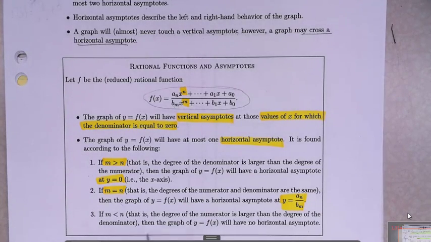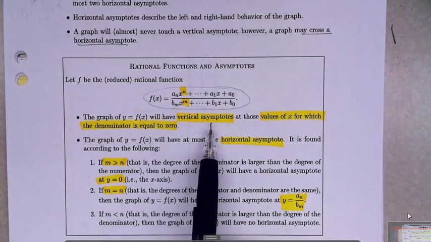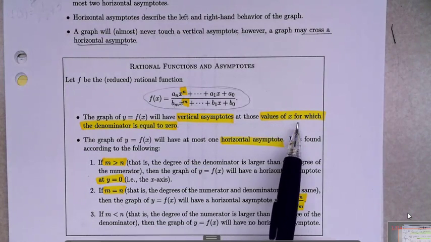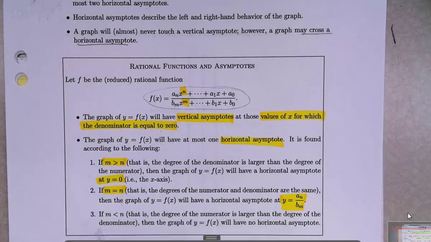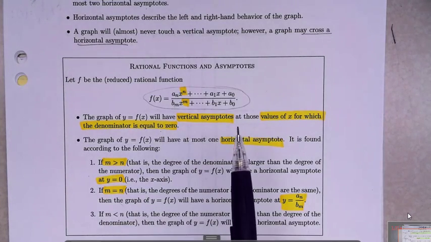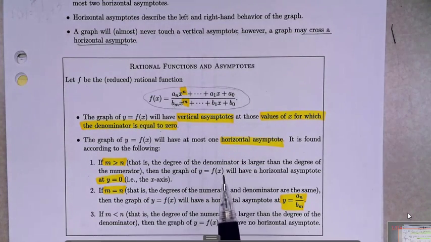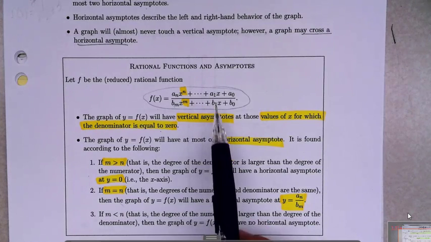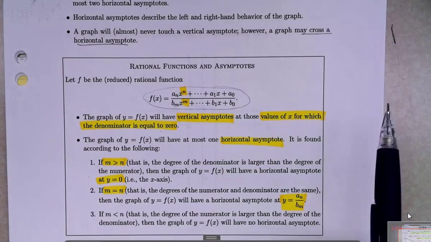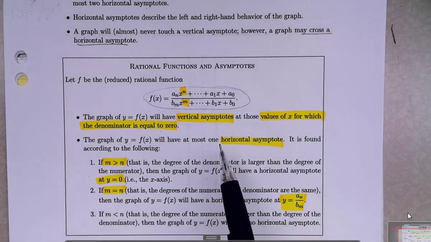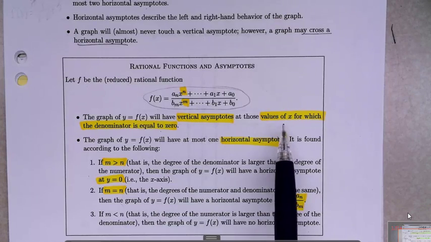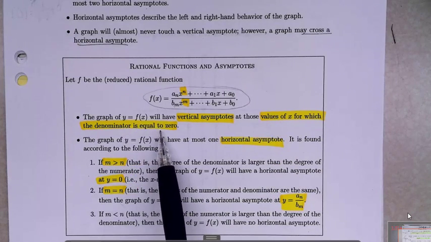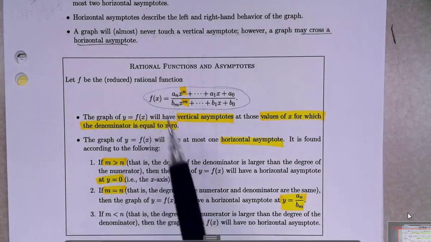So there's going to be a vertical asymptote at those values of x for which the denominator is equal to 0. Now, again, this doesn't take into consideration when we have a rational function that we can reduce, at which point we usually have a removable discontinuity. But we are definitely going to have a vertical asymptote anywhere where the denominator is equal to 0 after the function's already been reduced.